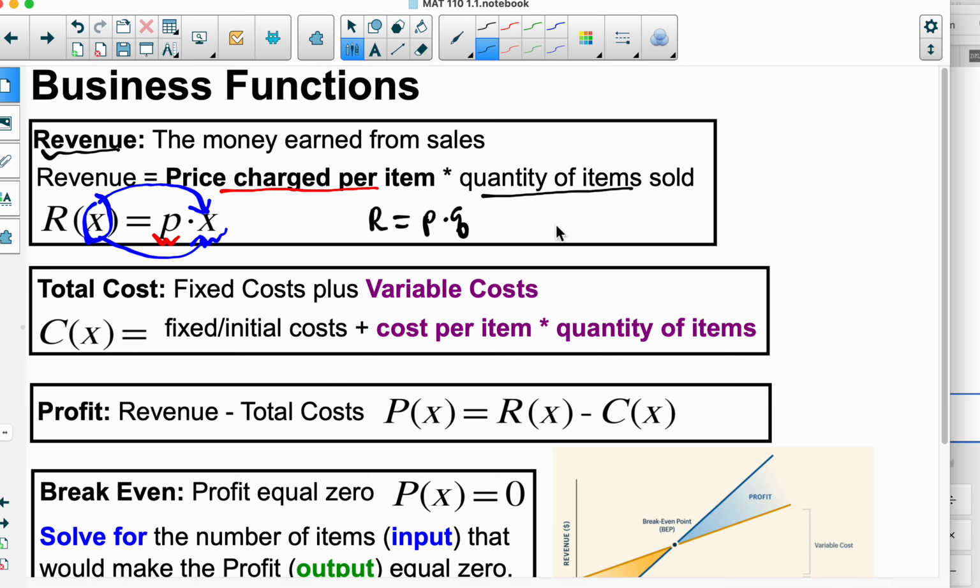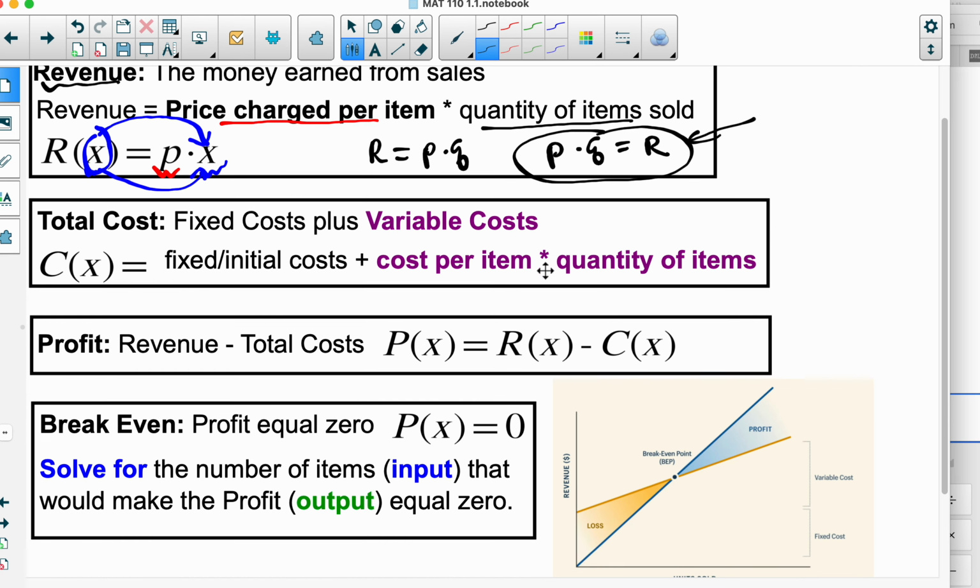I like to write it the other way, P times Q equals R, if that helps you, because they're sort of alphabetized. PQR, they all come right after each other in the alphabet. That can be an easy way as you're getting to know these to remember how they're defined.